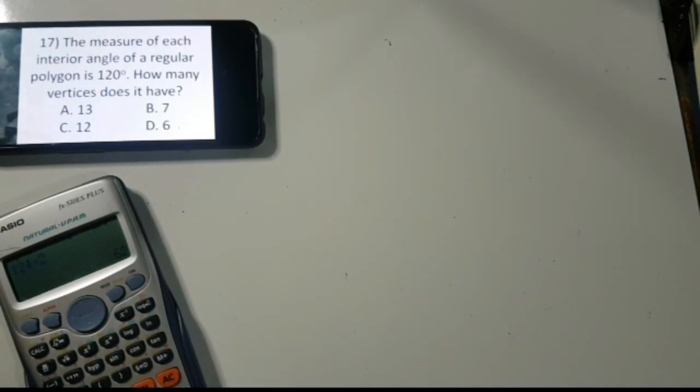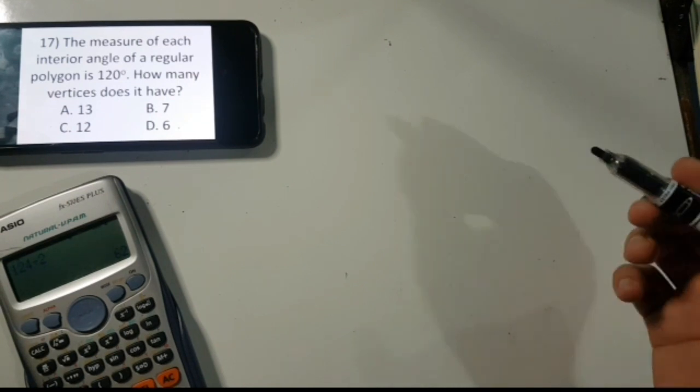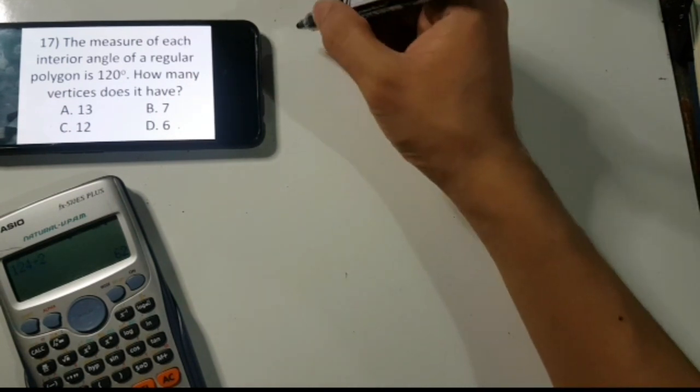Next question. The measure of each interior angle of a regular polygon is 120 degrees. How many vertices does it have? Okay, so yung purpose naman ng video na to is para makapagsagot kayo ng question sa board exam. So, ibibigay ko na rin yung formula kaagad sa number of vertices.